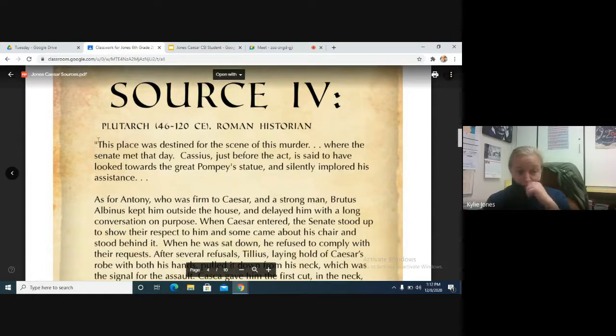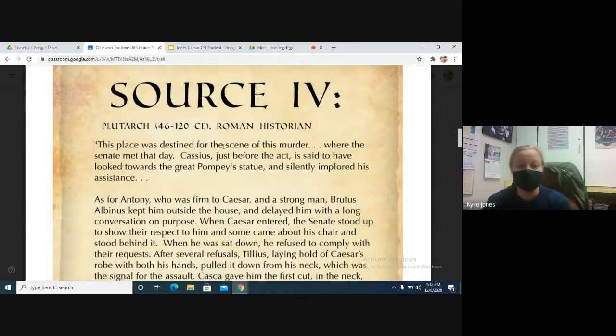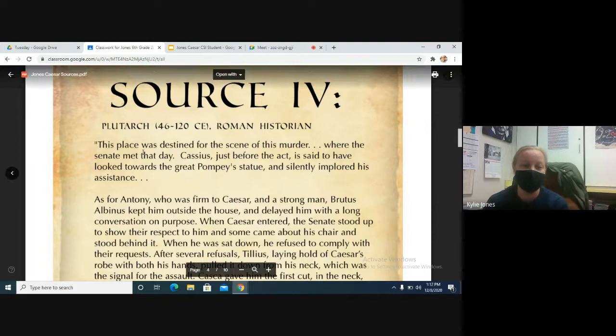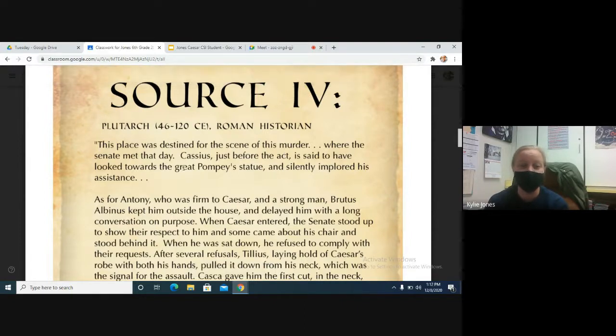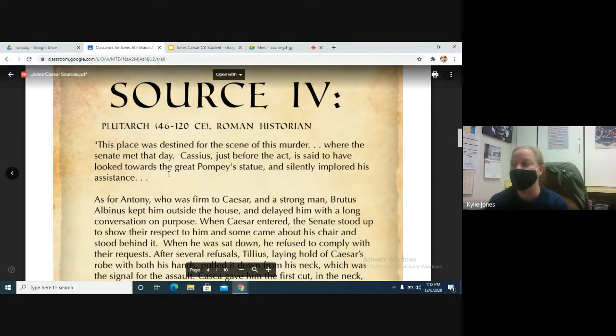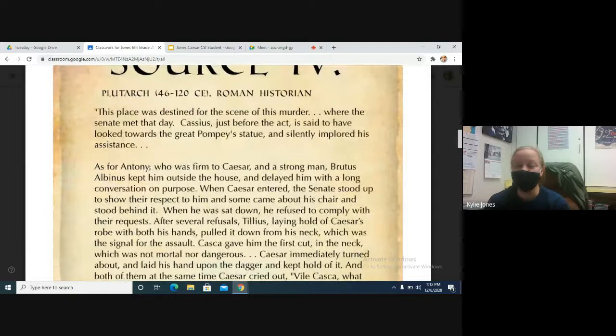It says, this place was destined for the scene of this murder, where the Senate met that day. Cassius, just before the act, is said to have looked towards the great Pompey's statue and silently implored his assistance. As for Antony, who was firm to Caesar, and a strong man, Brutus Albinus kept him outside the house and delayed him with a long conversation on purpose.